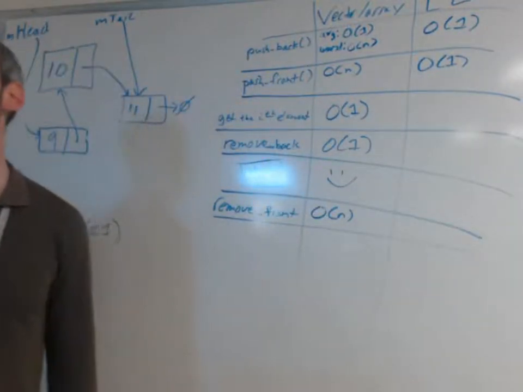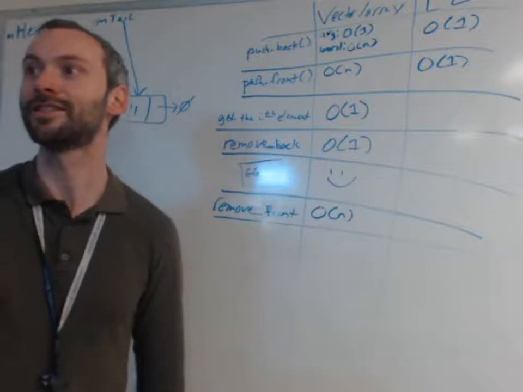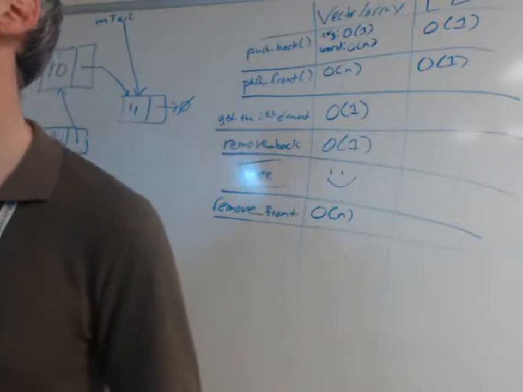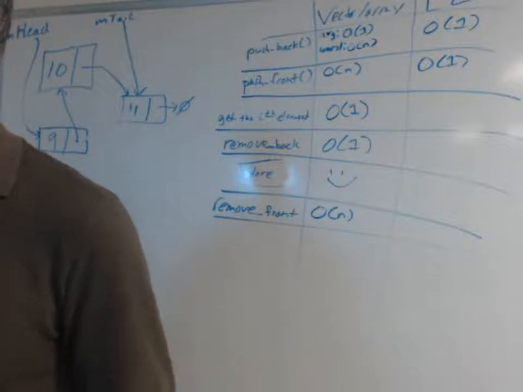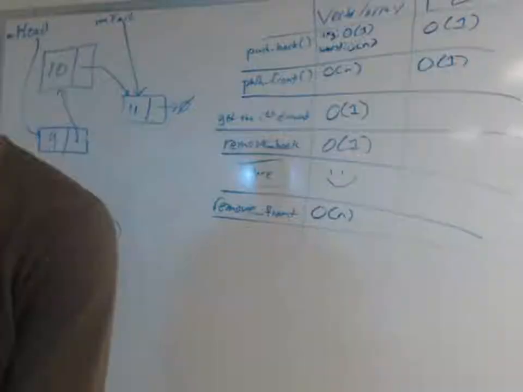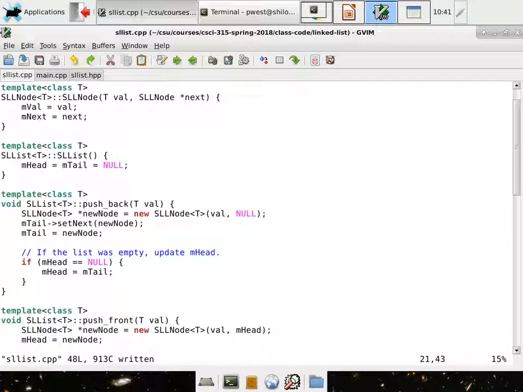How's the linked list looking versus the vector? Pretty good, yes. I was just not sure that if mHead was null, like there were no elements in the array, when mTail was also null, how could we call the set next function for mTail? Good, that's right.